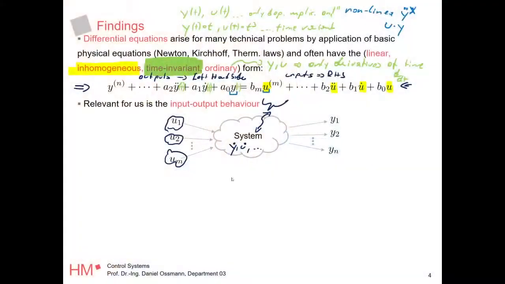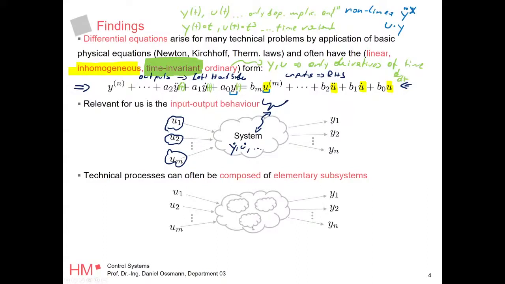Okay, and the good news is when you think now of an aircraft and you say, okay, I cannot describe an aircraft with one single ODE. Well, you could, right? But it's going to be a very large ODE. The good news here is that in engineering, we usually break our system down to a lot of subsystems. If you listen to Professor Westenthaler, hydraulics, you're interested in actuators. And you know, actuators are in your aircraft.